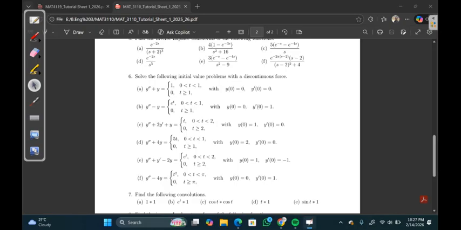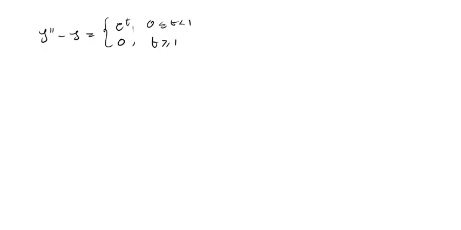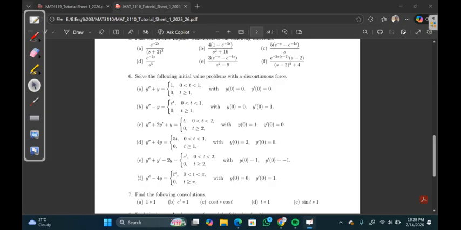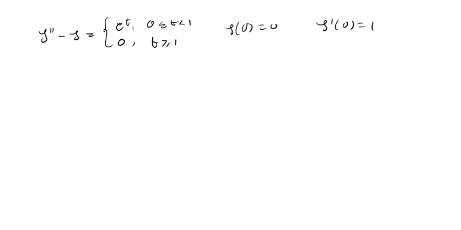Then the initial conditions are y of 0 is equal to 0, y prime of 0 is equal to 1. So whichever side you start with is up to you. So let me start with my left hand side.